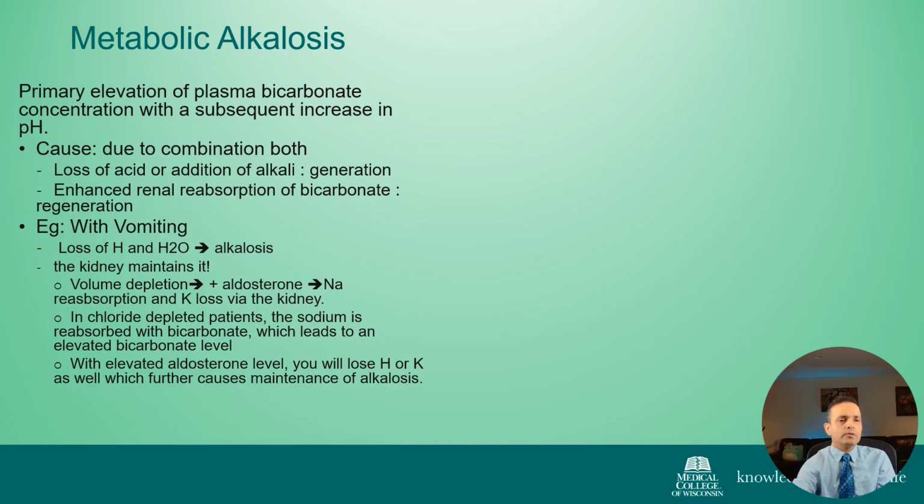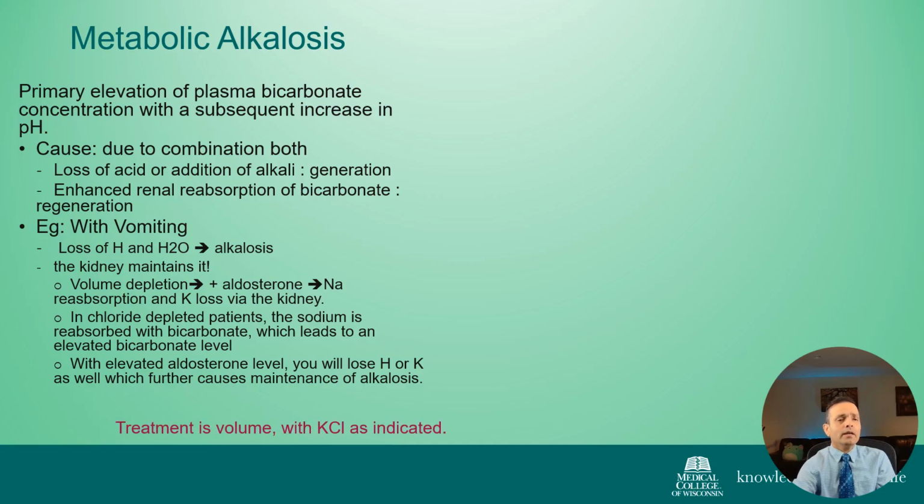Now your kidneys are going to maintain that alkalosis by proximal tubular absorption of bicarbonate in the absence of chloride, and then also distal tubular loss of hydrogen ion and potassium due to the effect of aldosterone. So that's what happens in the kidney.